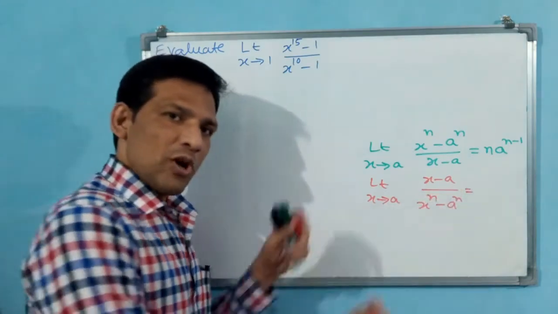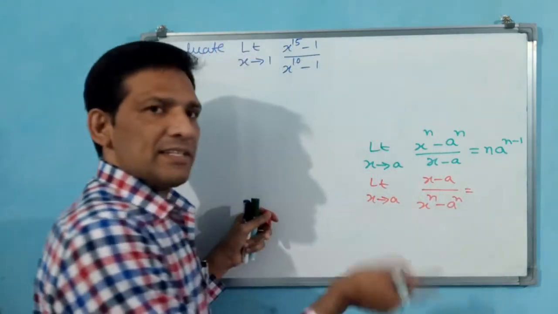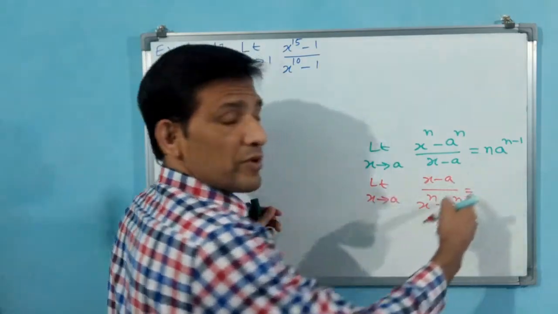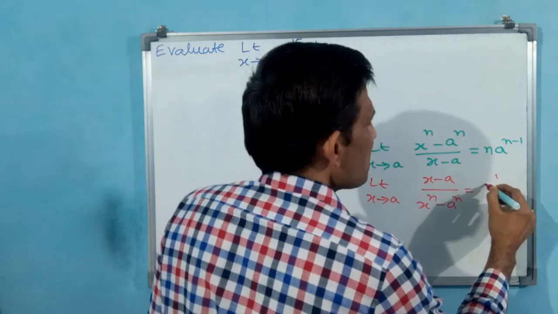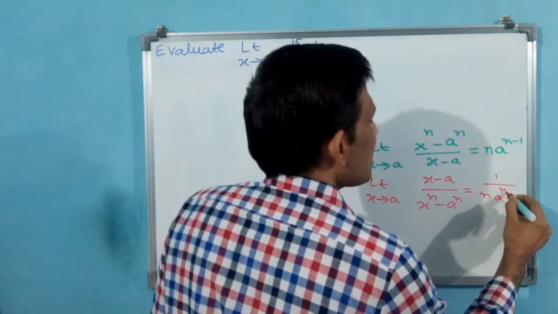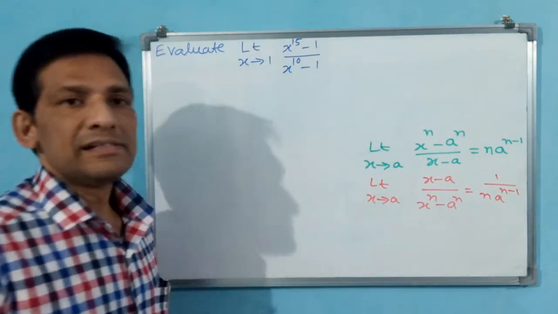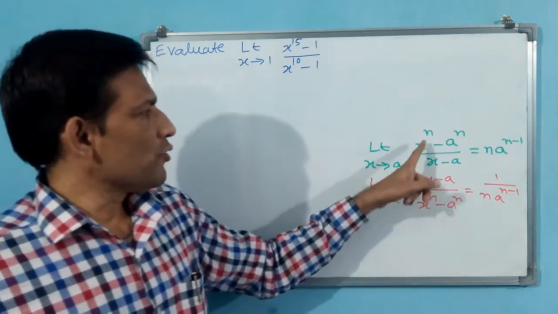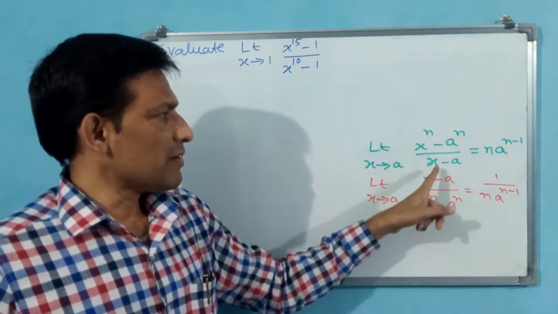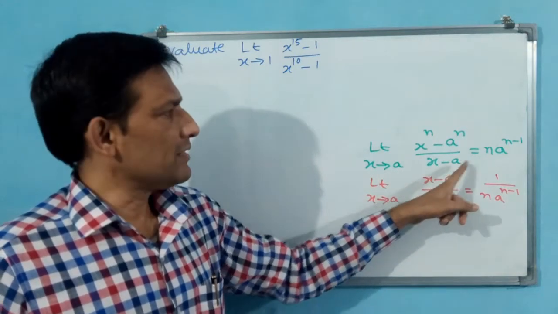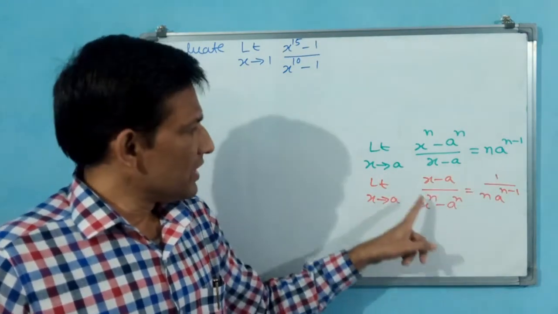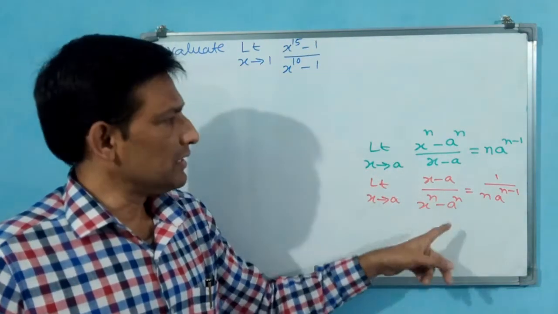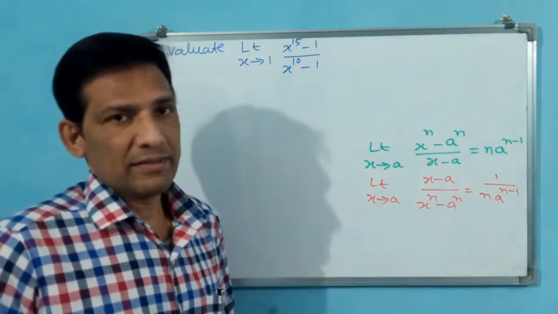Then the value also you have to reverse, reciprocal. Reversing means reciprocal in mathematical term. You have to take the reciprocal of the answer also. That means 1 by n into a power n minus 1. Is it correct? Numerator x power n minus a power n by x minus a denominator, then n into a power n minus 1 will come. But if you make the denominator as numerator and numerator as denominator, then you have to reciprocate the answer.